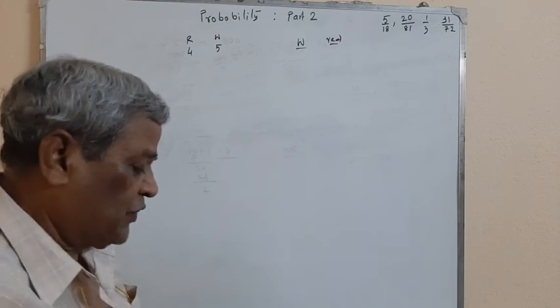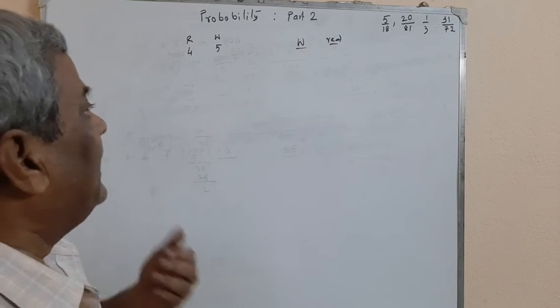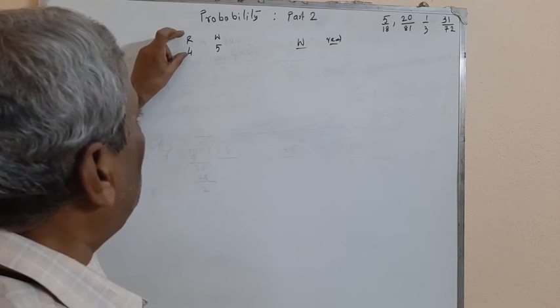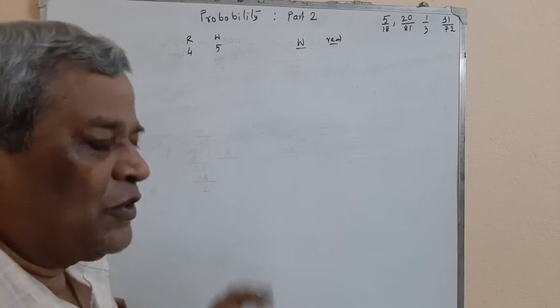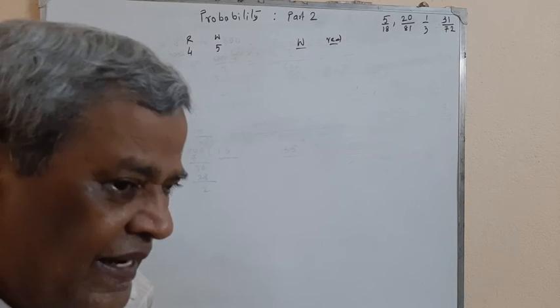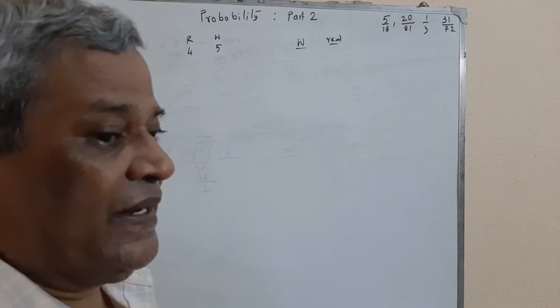Now exactly what is the problem? There is a box, and in that box 4 red balls and 5 white balls are there. Now 2 balls are drawn at random, one by one, without replacement.